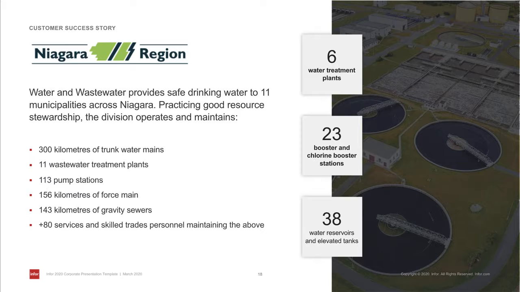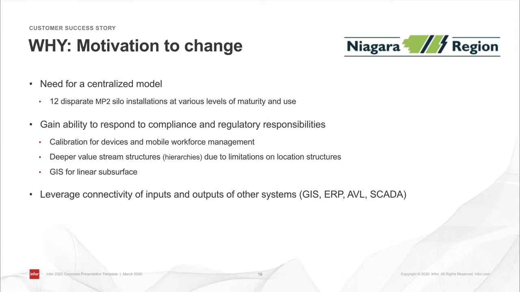Okay? So one of the things that they were motivated to change was they needed to centralize and get into a centralized maintenance model. They needed to gain the ability to respond to compliance and regulatory responsibilities by calibration, which is a module we can't find in MP2, a deeper understanding of their value streams or hierarchies, and GIS.